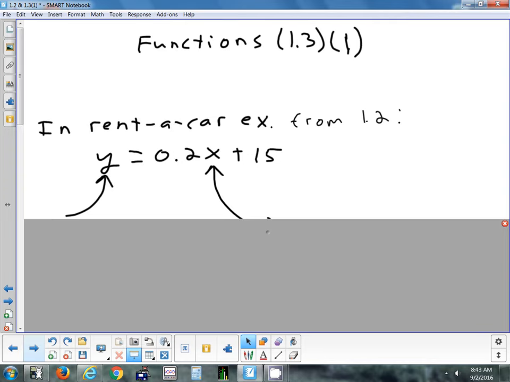And does anybody remember, what were some of the names that I called the y value? There's like 2 or 3 different names you can give to it besides the y value. Yep, Josh? Range. Yep, it's the range of the function. What else did we call it?